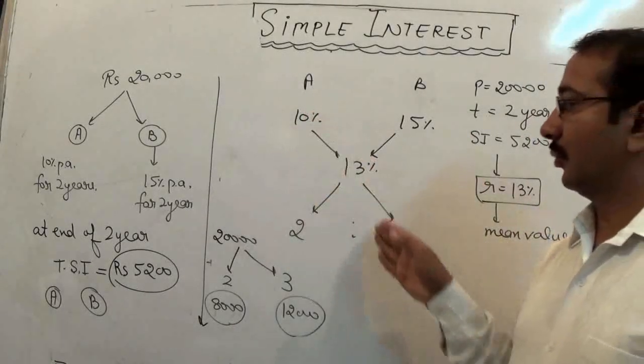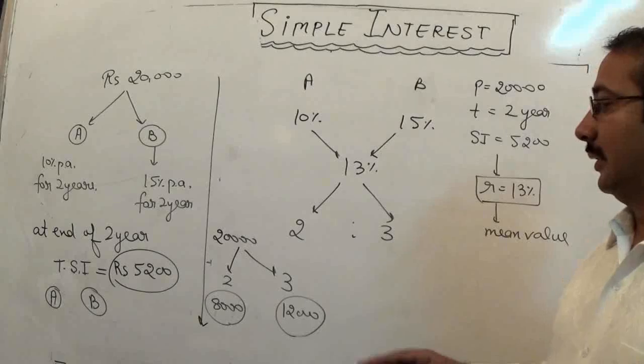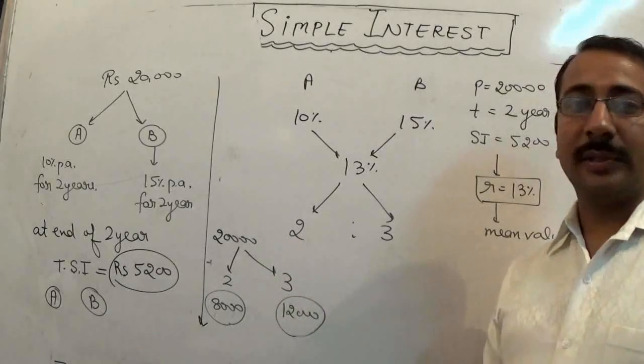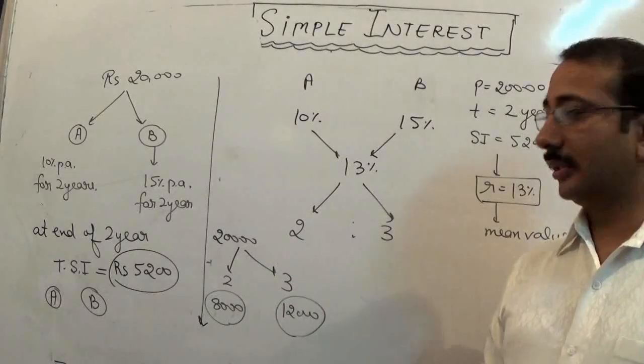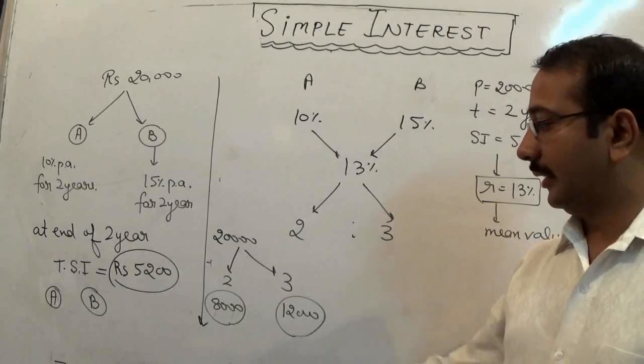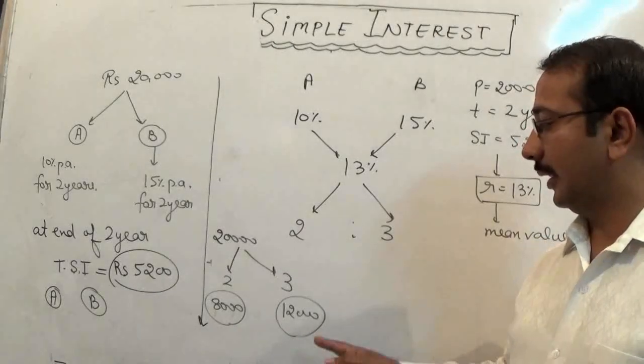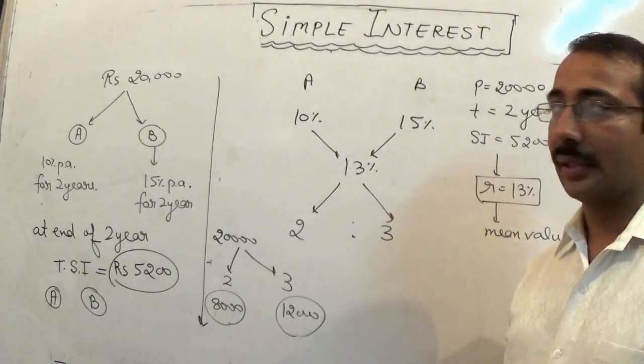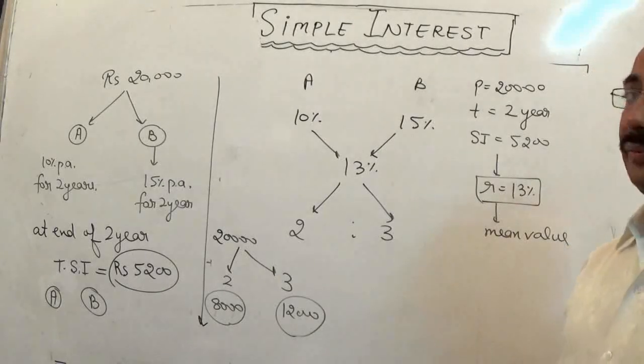I just find the ratio, that is 2:3. That is the share of A and that is the share of B. So I divide this 20,000 in 2:3 and finally I get 8,000 for A and 12,000 for B. So this is the concept of simple interest.